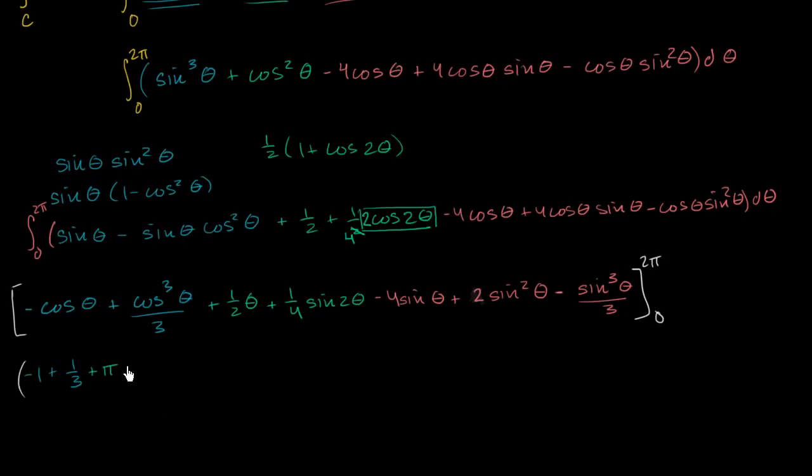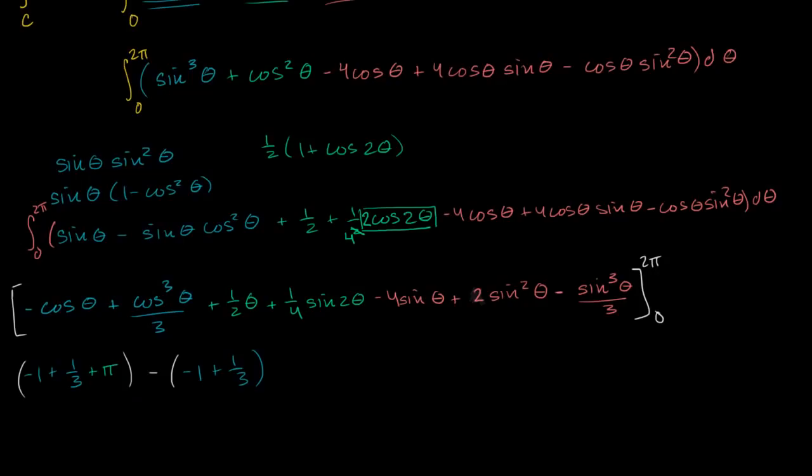And from that, we're going to have to subtract everything evaluated at 0. So cosine of 0, well, that's going to be, once again, 1. And we have a negative sign, so it's -1. Then you're going to have plus 1/3. And then you're going to have 0. And then all of these other things are going to be 0.